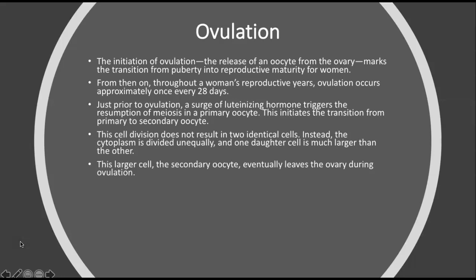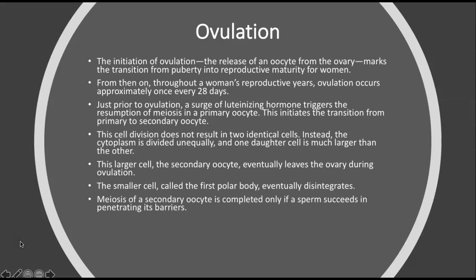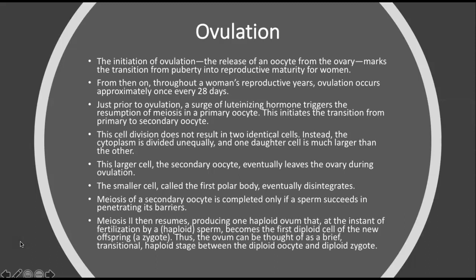The larger cell, which is called the secondary oocyte, eventually leaves the ovary during ovulation. The smaller, which is called a polar body, will eventually just disintegrate. Meiosis of the secondary oocyte is completed only if a sperm succeeds in penetrating its barriers. Meiosis 2 then resumes, and meiosis 2 is basically a mitotic division of a haploid cell.